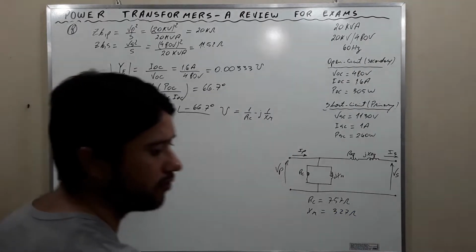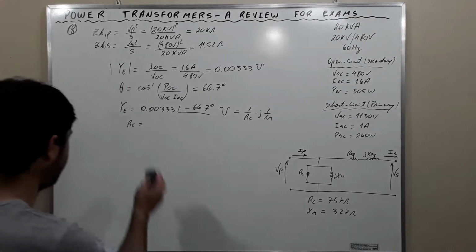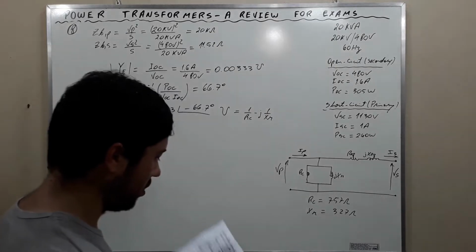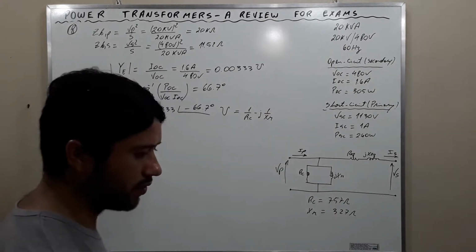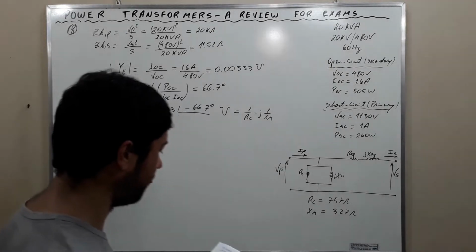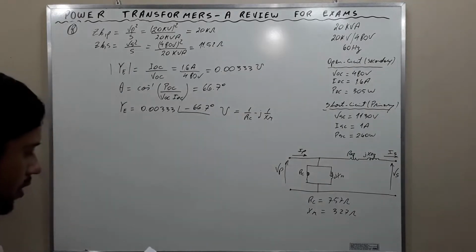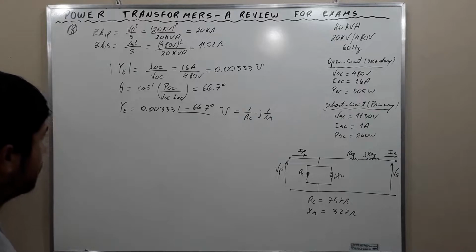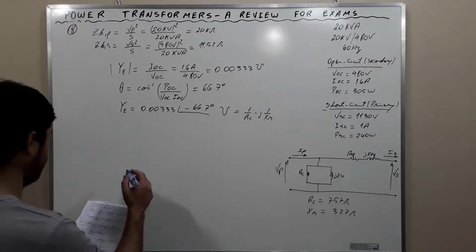These are the values of the elements of the excitation branch. We are requested to convert them to per unit, and to convert them to per unit, we just divide by the base.